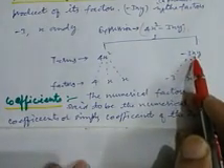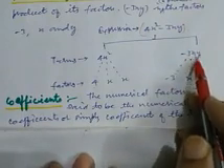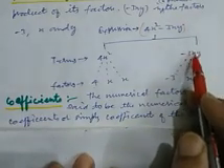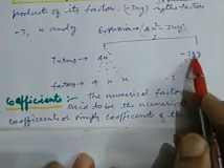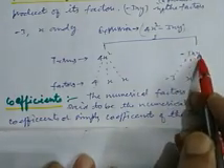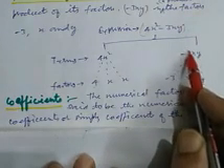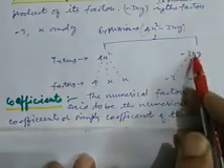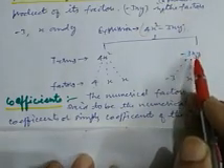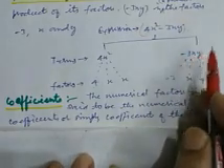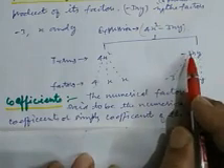But if we find the coefficient of y only, then minus 3x is the coefficient of y. If we want to find the coefficient of x only, then minus 3 and y both are the coefficient of this x. So it depends on the term and the nature of the variable.